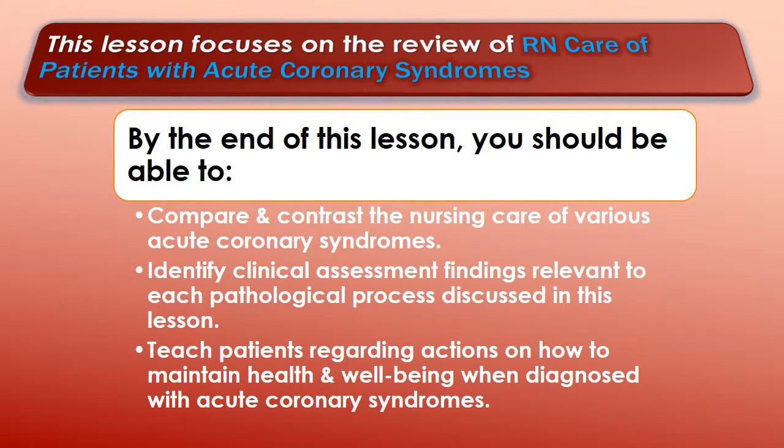This information should be review to you. You should be able to identify clinical assessment findings relevant to each pathological process discussed in this lesson. You should be able to teach patients regarding actions on how to maintain health and well-being when diagnosed with acute coronary syndromes.